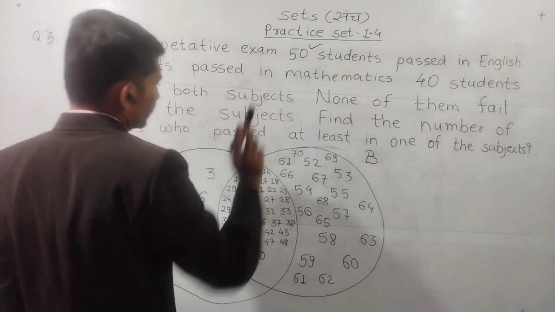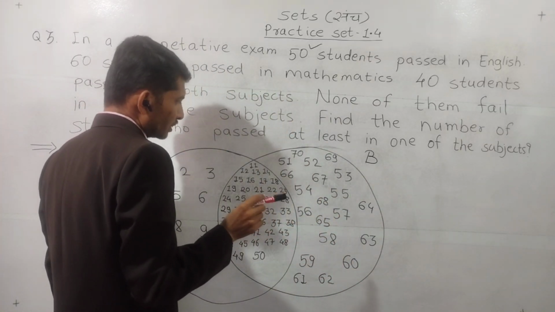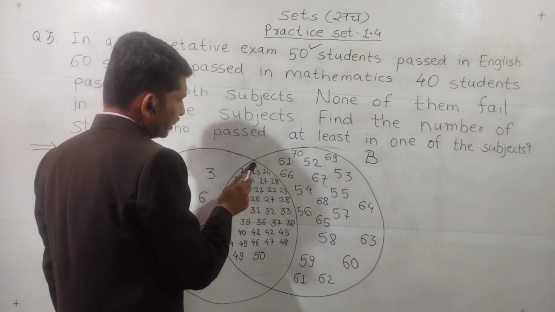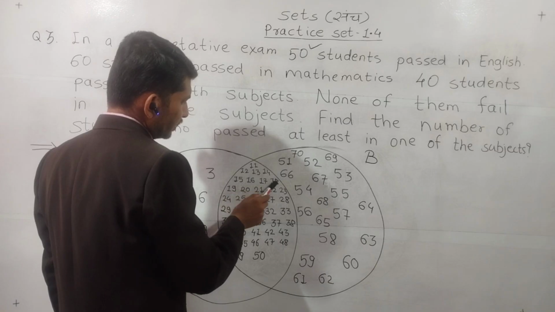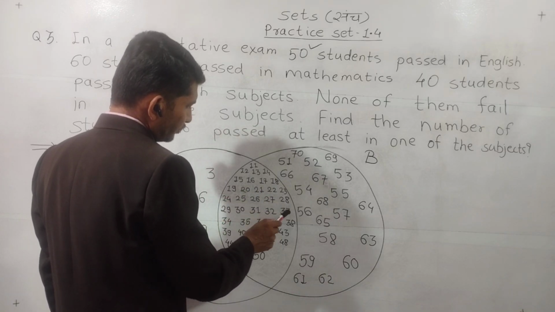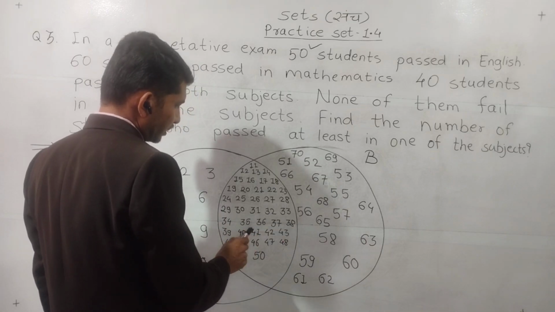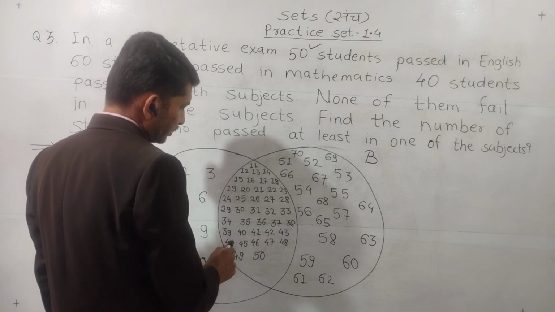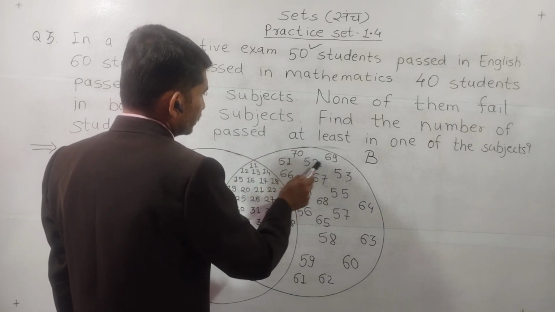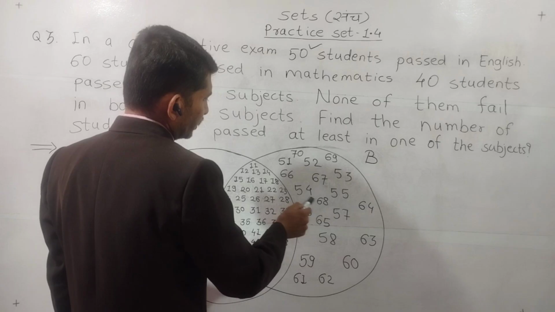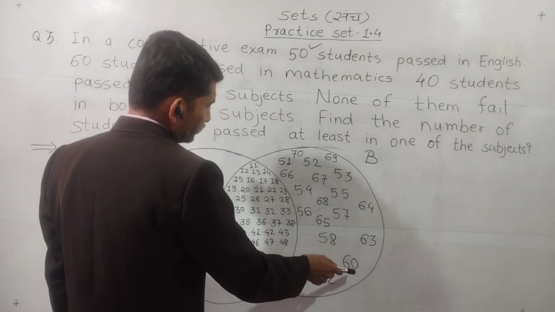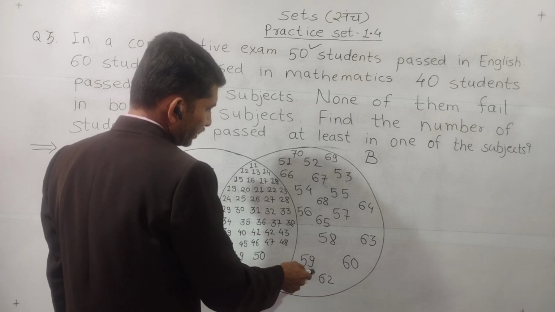60 students passed in mathematics. Now we will count whether there are a total of 60 students or not. We will count 1, 2, 3, 4, 5, and so on up to 58, 59 and 60.